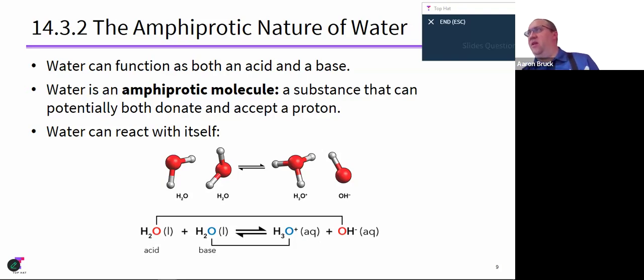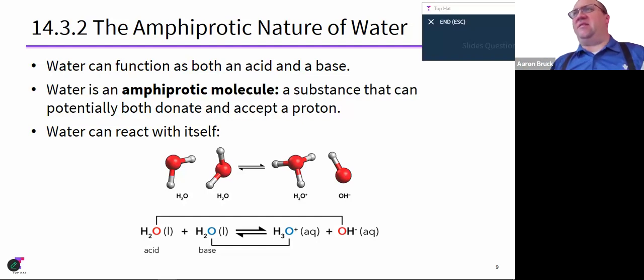Amphi, two natures. Just like an amphibious vehicle is suited for land and water. An amphibian can live part of its life on land, part of its life in the water. Water is an amphiprotic molecule. It is capable of either donating or accepting hydrogen.